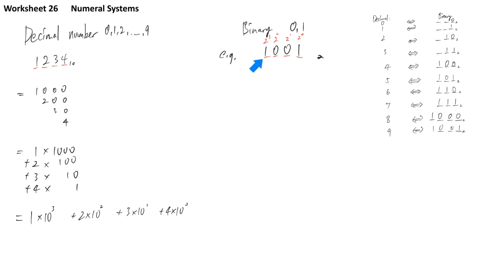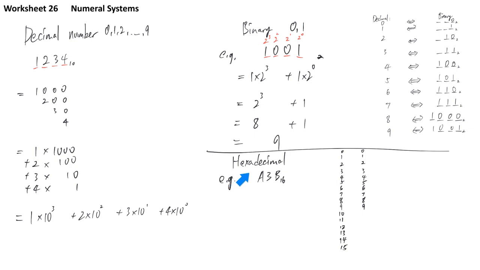To decompose it, 1 times 2 power 3, and we have another 1 times 2 power 0. For the 0s, 0 times the place value becomes 0, so we just ignore them. Then we have 2 power 3 plus 1. That means 8 plus 1, we get back 9.